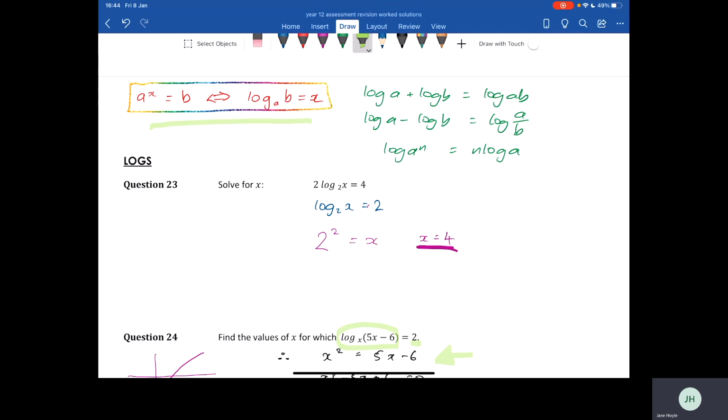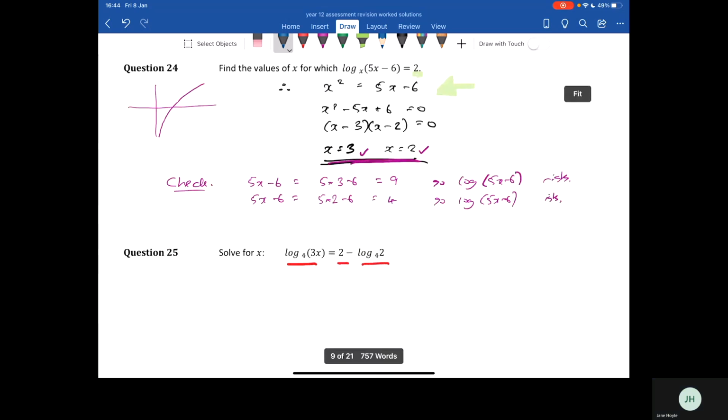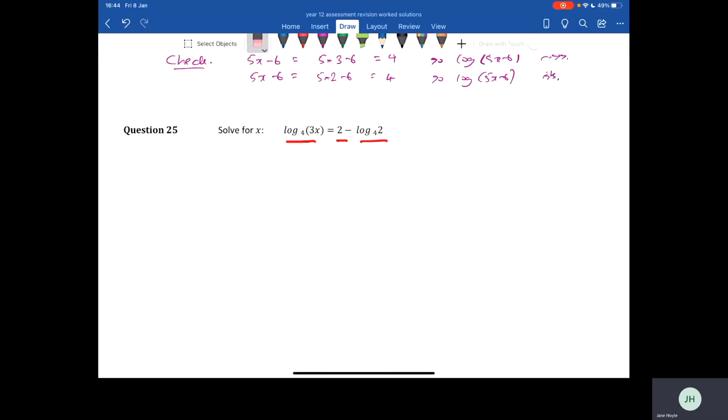In the very first question, which looked much simpler, we still couldn't deal with it at the very first line, could we? What we had to do was divide both sides by 2 so that we got a single log equaling a number. We can only deal with this question if we've got a single log equaling a number, and in particular equaling that number 2 there.